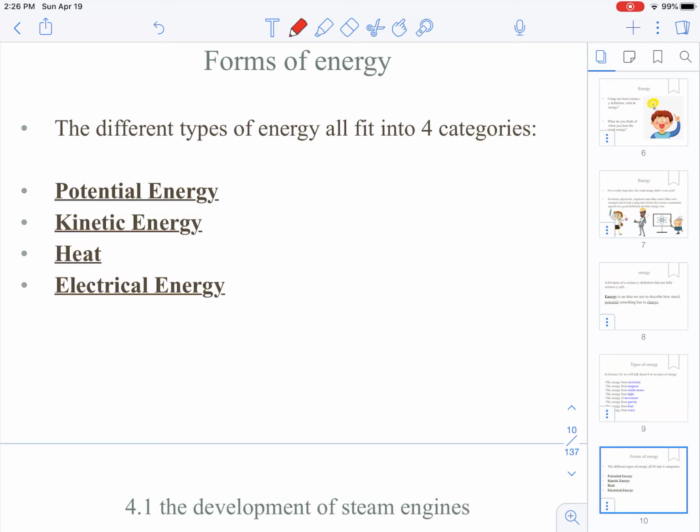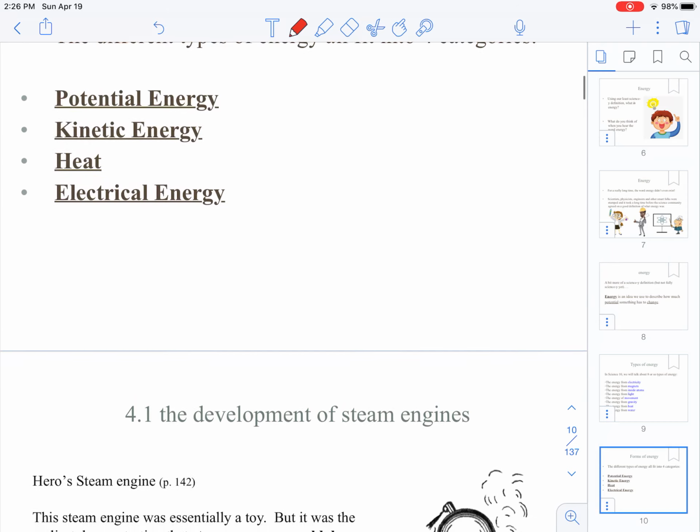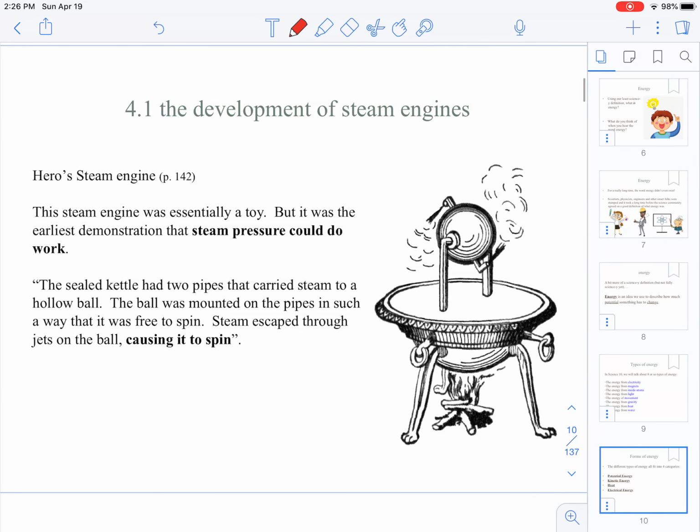And so the four general areas are potential energy, kinetic, which is energy of motion, heat, and electricity, the four main ones.